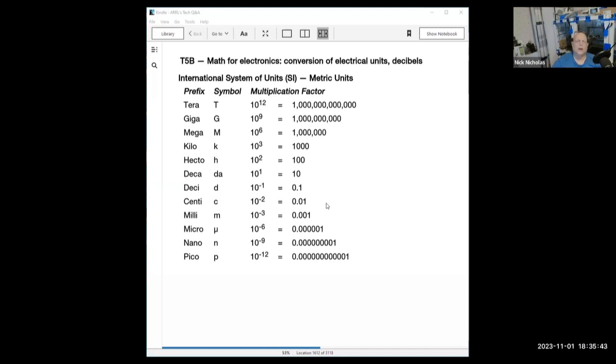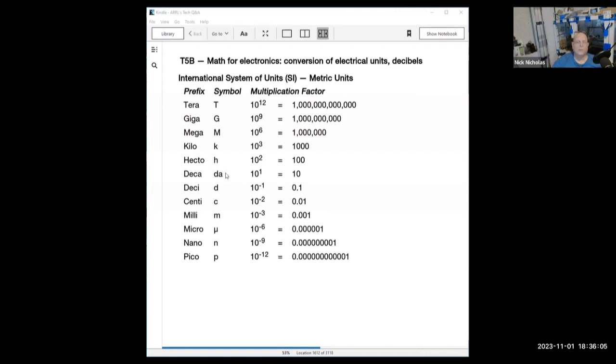I want to remind you to get familiar with the units of measure and their prefixes for the metric system, because you're going to need them all throughout your ham radio experience. Everything we do is in numbers that are defined basically by the conventions of the metric system.